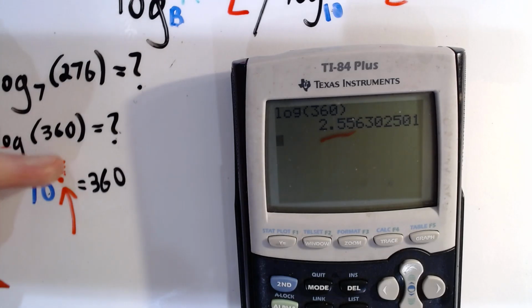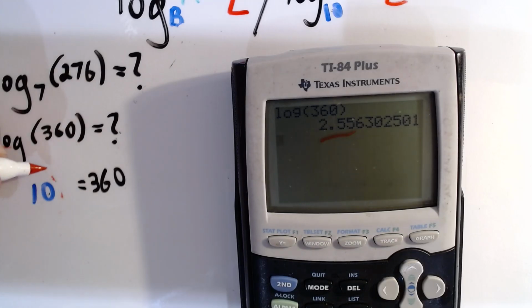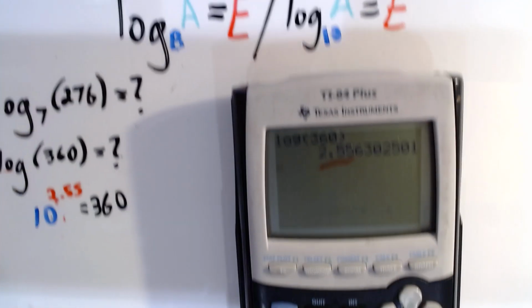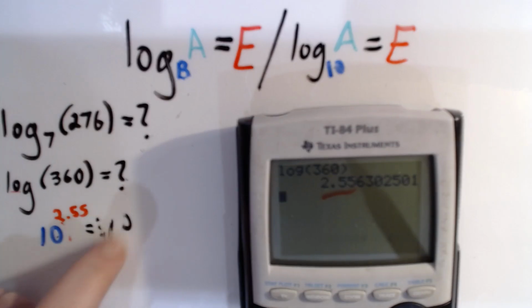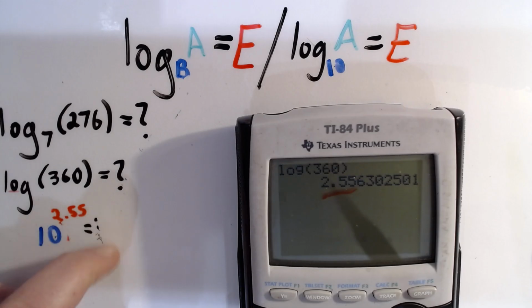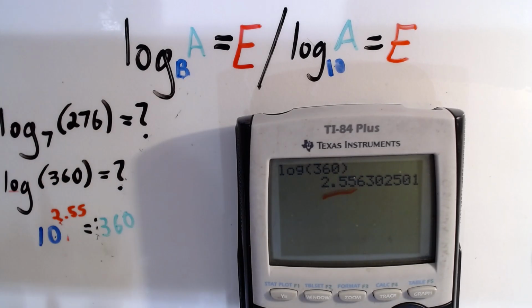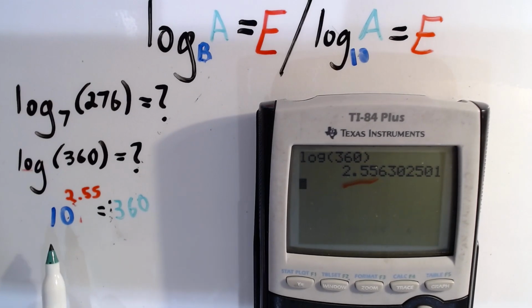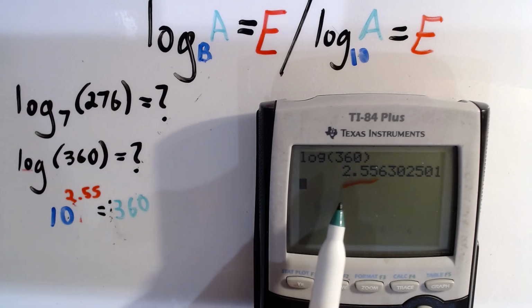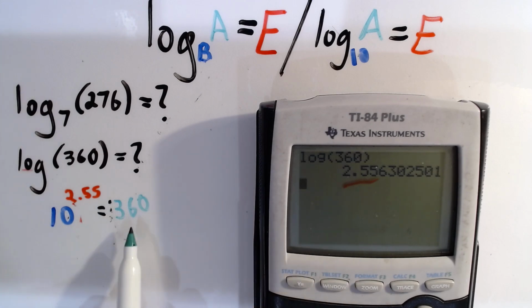So if we were to write that as a complete expression, we would say 10 to the power of 2.55 equals, I'll change the color here so we can be consistent, our answer of 360. If you take 10 and you multiply it more than twice, but less than 3 times, 2.55 times specifically, that's the answer you're going to get. Cool?